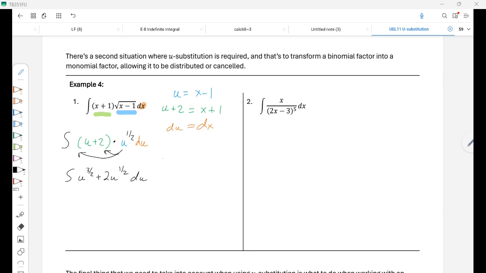So we end up with, instead of 3/2, 5/2, with a coefficient of 2/5. And the same thing over here. Instead of 1/2, we have 3/2 divided by the new exponent.